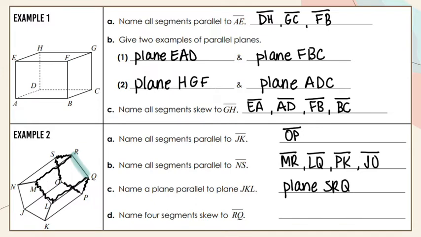Okay, so none of those lines are an option. But every other line in this picture is skew to RQ. So we can use any of those other lines. So I'm going to use JO, JK, JN, and PK.